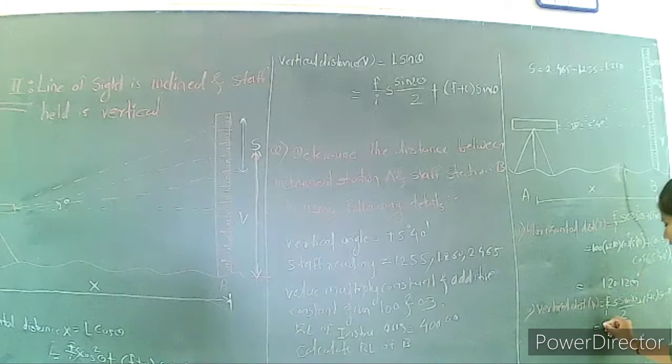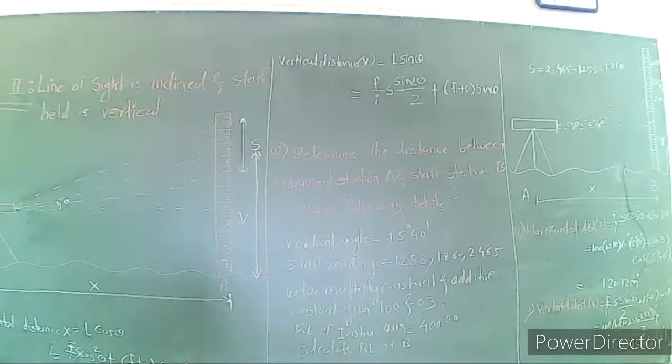Now f upon i, the value is 100. Then the staff intercept we already calculated, that is 1.210. Then sine 2 theta, with theta 5 degrees 40 minutes, divided by 2, plus f plus c, that is 0.3, into sine 5 degrees 40 minutes.